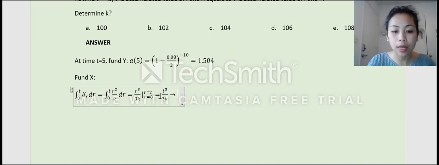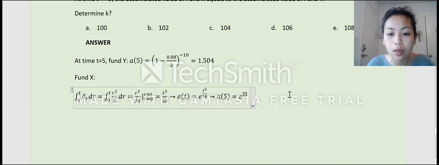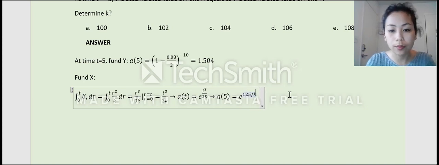So now we have A of t equal to e to the power of t cubed over 3k. And now A of 5 will be equal to e to the power of 125 over 3k, because 5 cubed is 125.